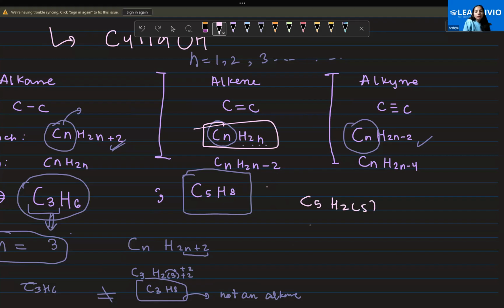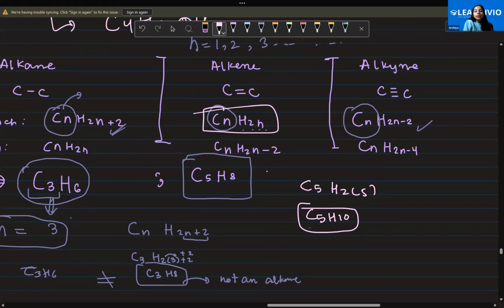So it's not an alkene because it should have been C5H10. Ma'am, you can learn it like this: hydrogen should be double the carbon. So whenever you see hydrogen double the carbon, like in C3H6, then it will be an alkene.